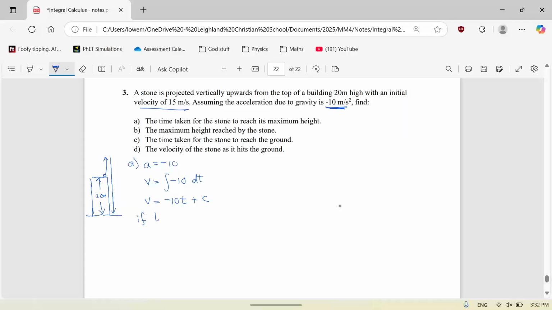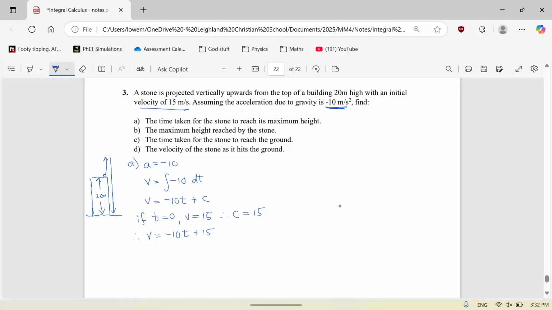So if t equals 0, velocity equals 15, going up, so it's the opposite direction of the acceleration. That means our constant c must be equal to 15. So we can say our velocity is equal to negative 10t plus 15.